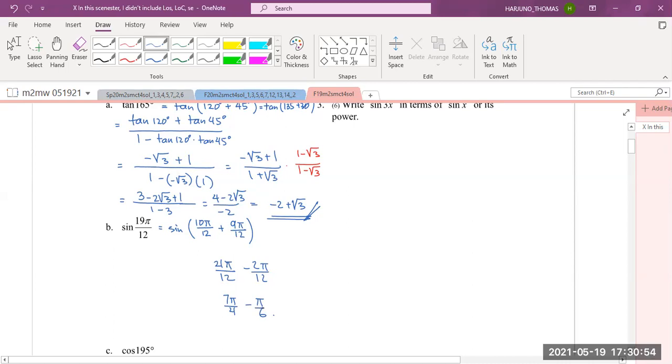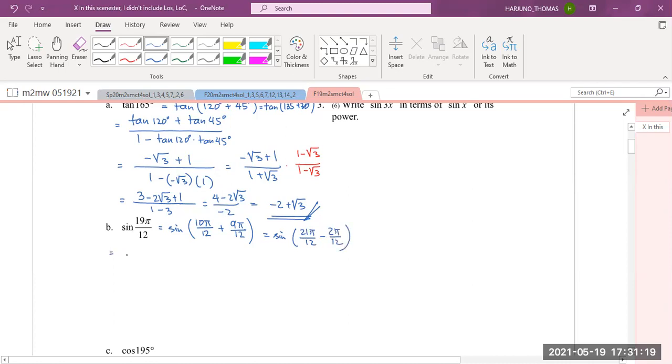So 10 pi over 12 plus 9 pi over 12 is not the only way to get 19 pi over 12, but let me use the first one.